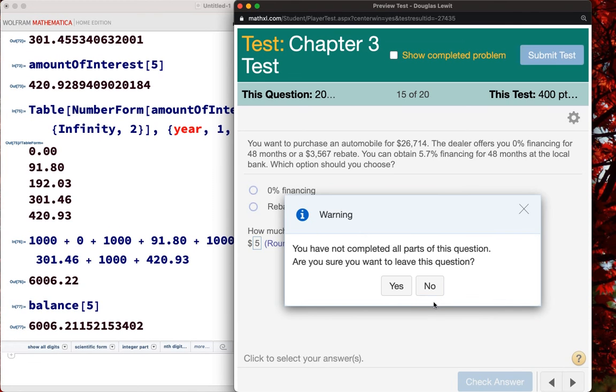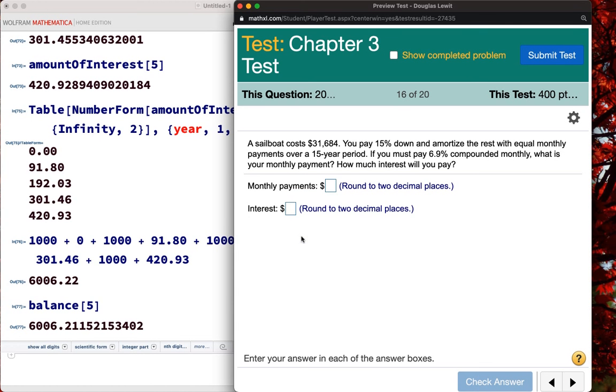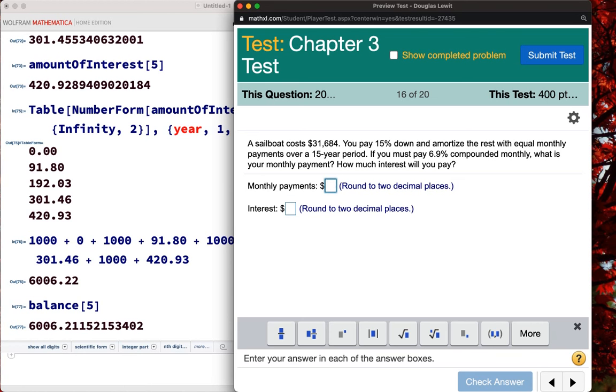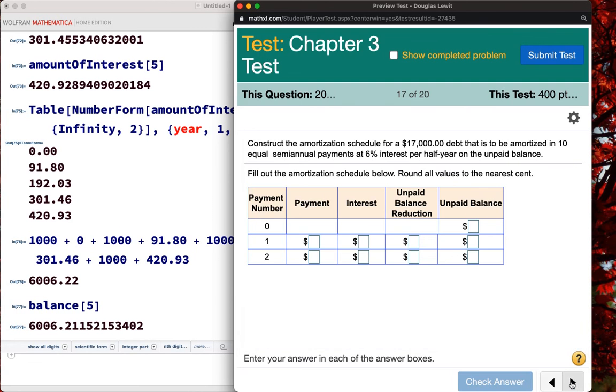Well, this one's maybe a little too easy. Let's just skip over this one.